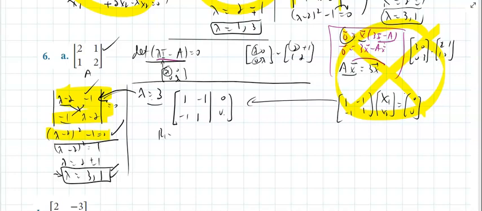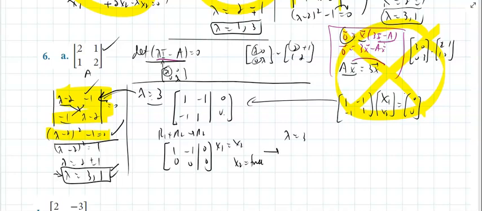If I take row 1 plus row 2 in row 2, what would I get? That means x2 is 0. Yeah? And doesn't x1 equal x2? So lambda equal 3 corresponds to the vector 1, 1.